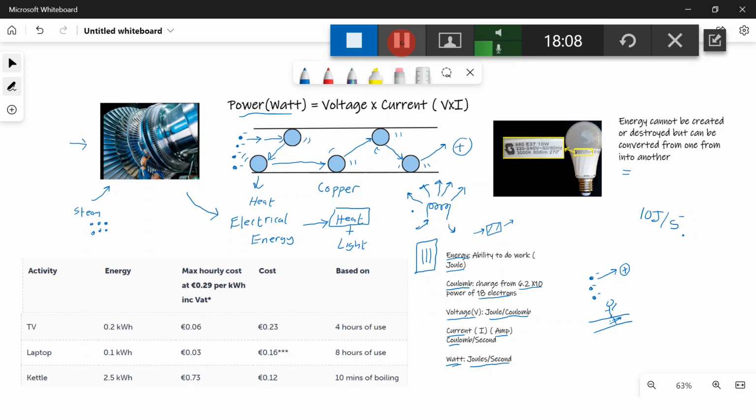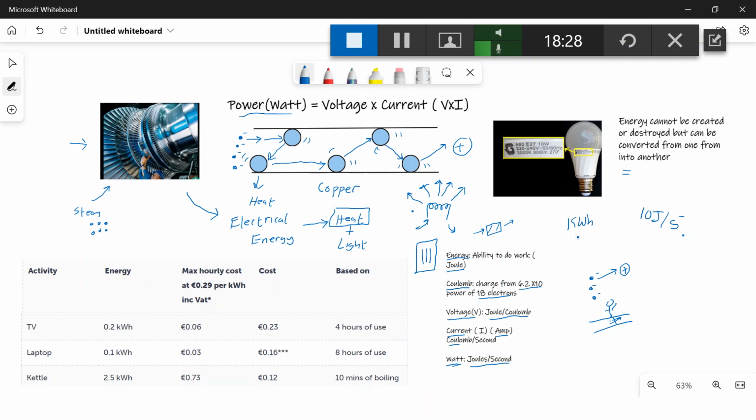Now, if we have a look at some different appliances in this table here, a lot of the time what you will see on appliances is what's known as a kilowatt. So it's a kilo, K, and then watt.